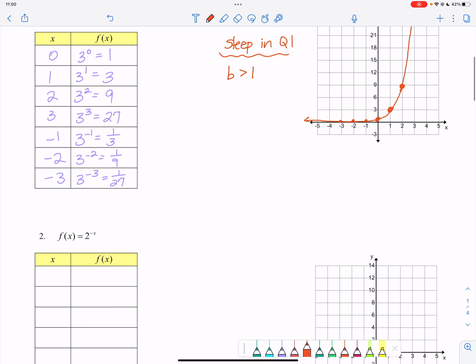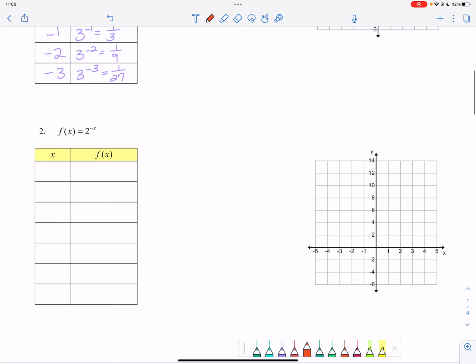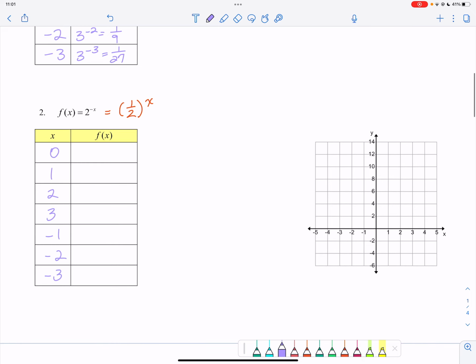Okay, let's look at f of x equals 2 to the -x. Keep in mind that this is equal to 1/2 to the x power. Okay, let's go ahead and let x be 0, 1, 2, 3, -1, -2, and -3.